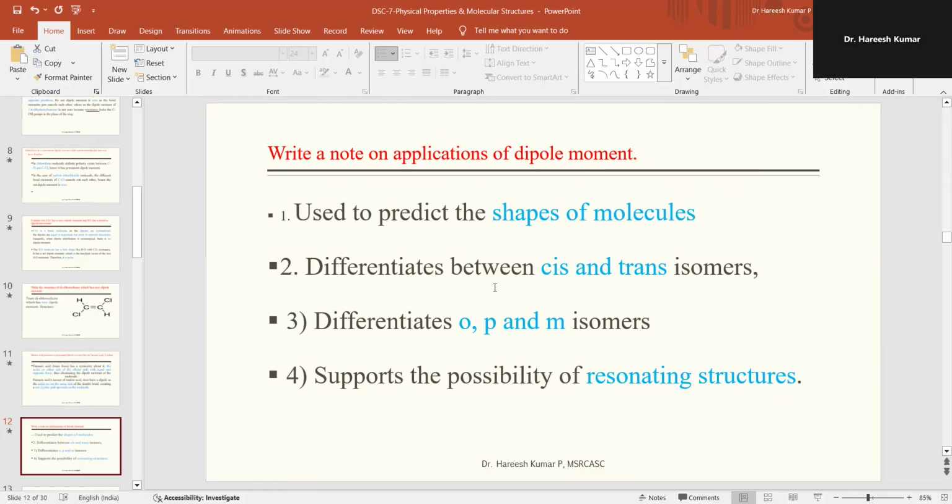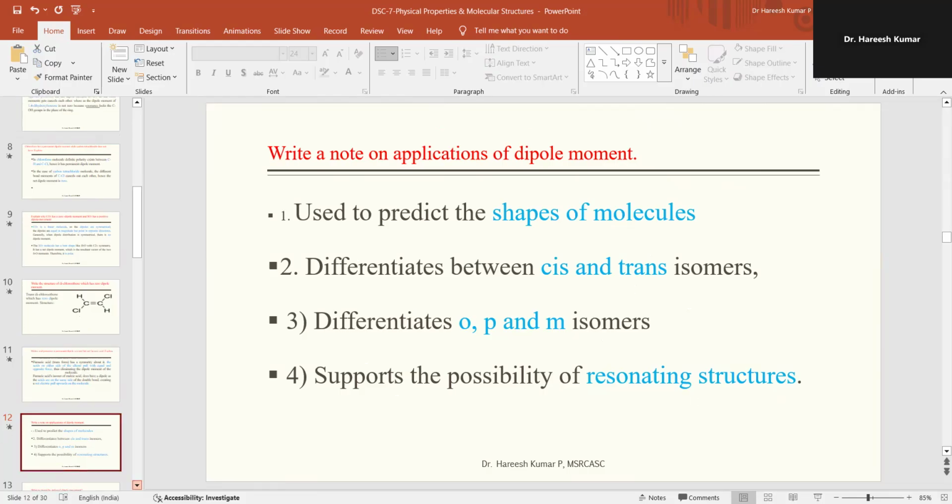Using dipole moment, we can differentiate between cis and trans isomers like maleic acid and fumaric acid. Similarly, it is possible to differentiate ortho, para, and meta isomers. Dipole moment also supports the possibility of resonating structures.